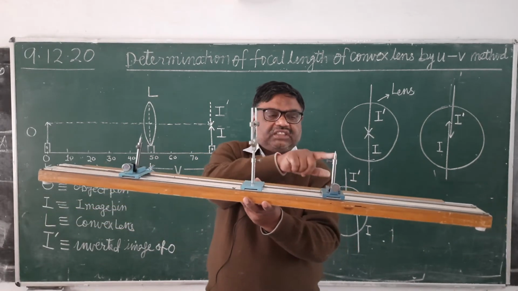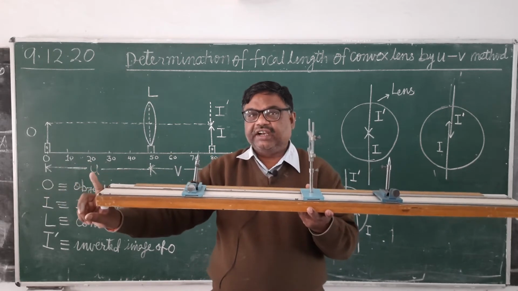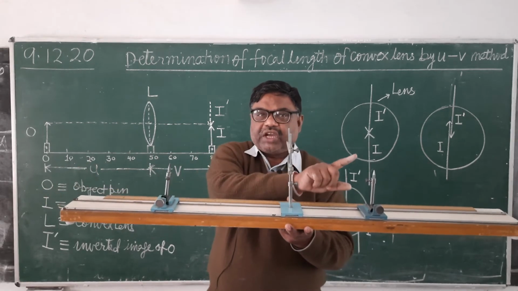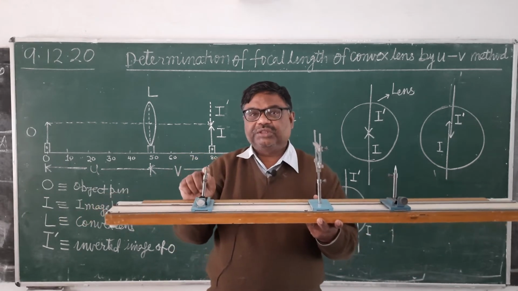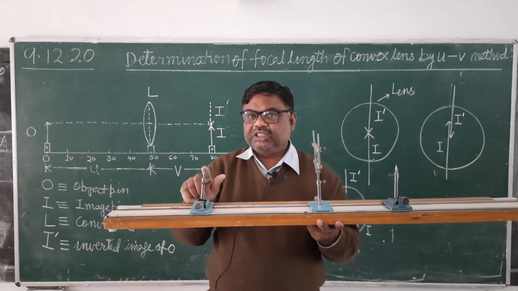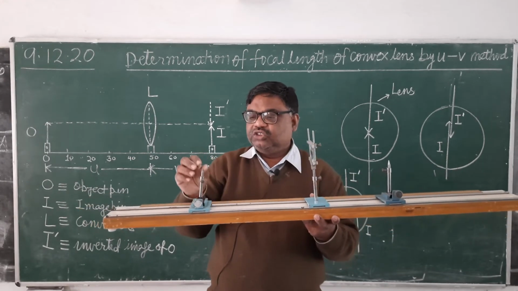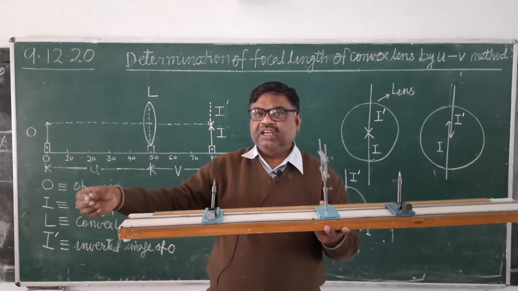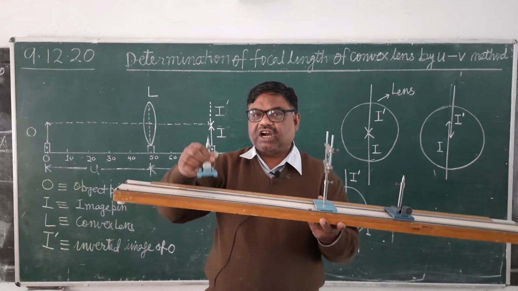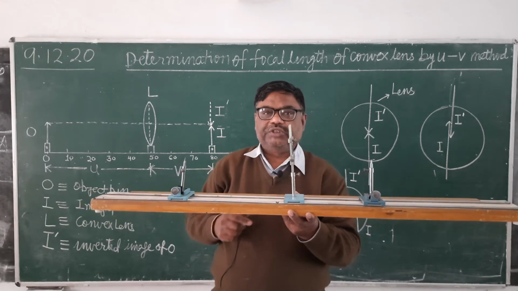Now here this is the object pin, because I am observing from this side. So this will be called the object pin, and this is called the image pin. The pin that will be on our side, on the experimenter's side, that is called the image pin, and this one is called the object pin.